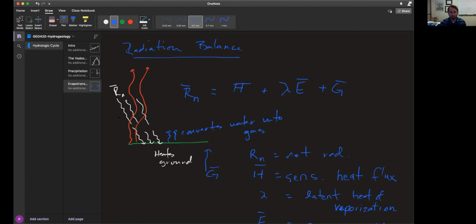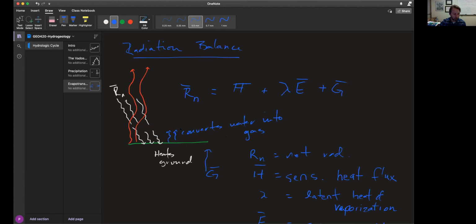So I just want you to know that radiation balance is a really important way that we can calculate ET, and that one of the ways that we're going to look at is by recognizing that the more net radiation we have, the higher the air temperature is going to be. And so it makes sense that the higher the air temperature, the more water we're losing to evapotranspiration.